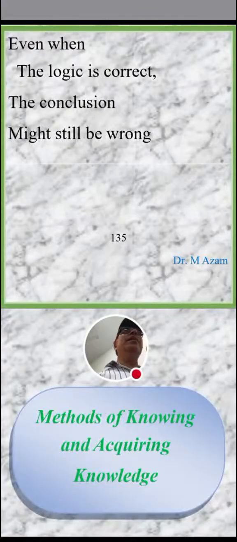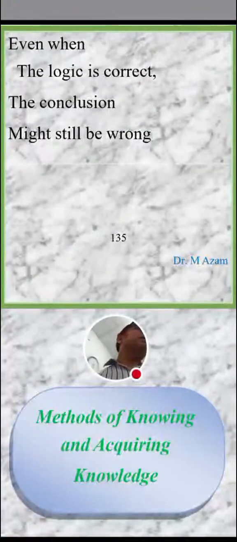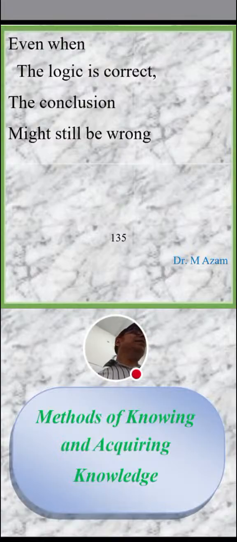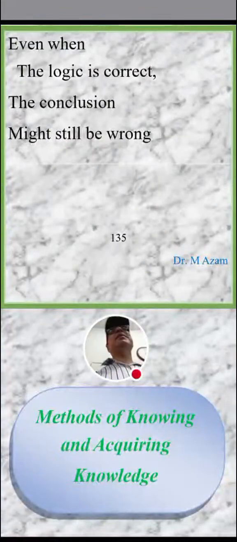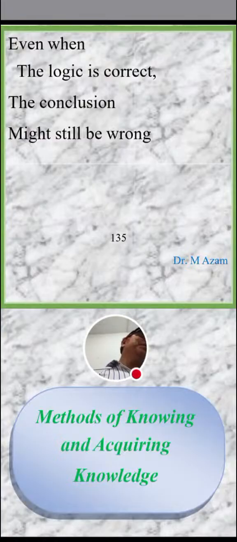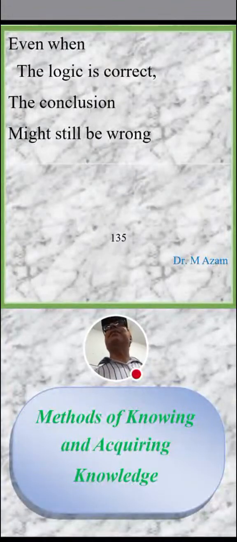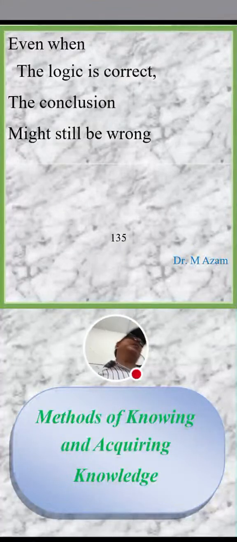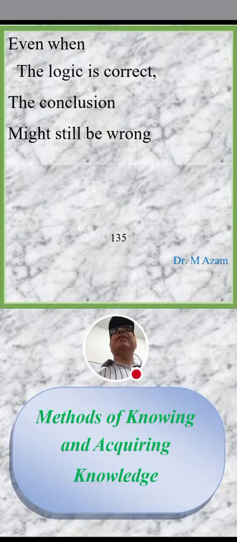Now, many times, these political parties, political leaders, political workers, their conclusion is wrong. Sometimes correct, but sometimes wrong. But since common people do not know how the rational method works, they cannot find out whether the argument is correct or wrong. Getting the point?